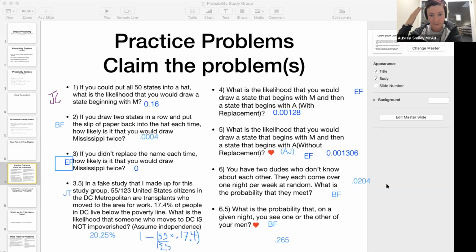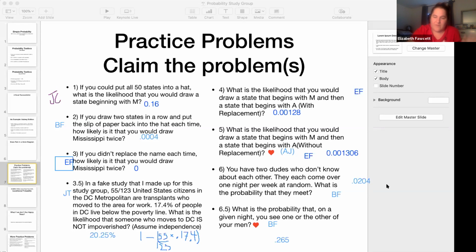Beth, tell us how you arrived at your answer for number 5. Okay, for number 5, it's without replacement. And so that tells me that the total number that I can draw the second time is going to change.